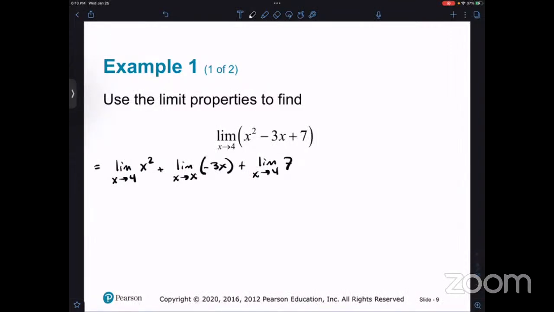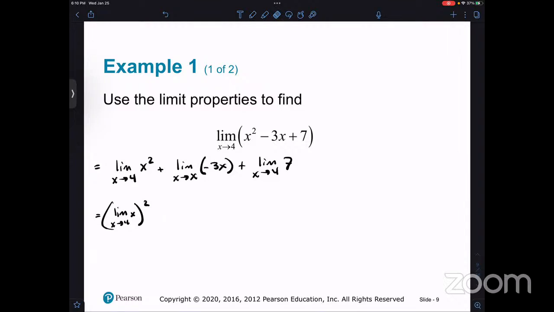I think we also said that the limit of the power is the power of the limit. So for that first one, we can rewrite it as the limit as x approaches 4 of x, quantity squared, plus, and you can do something similar: factor out that negative 3.